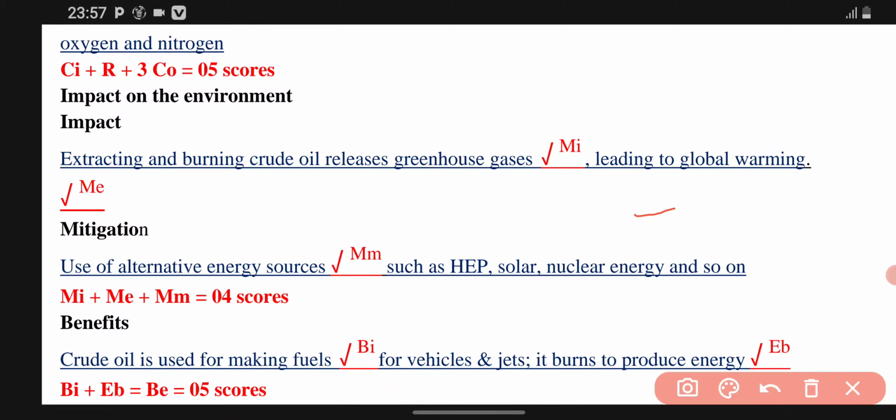Leading to global warming. What you are getting? Look at that brief statement. Well explained. Some of you have a mentality that writing too much makes you pass or makes you score highly. My dear friend, that is not right. Write something simple, something readable, something understandable, but on point, and it is well explained.